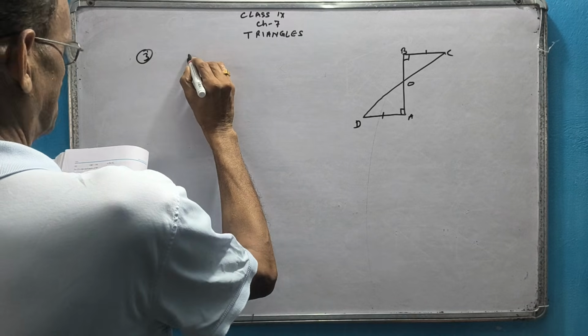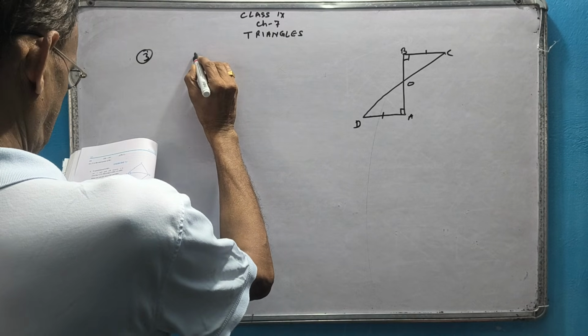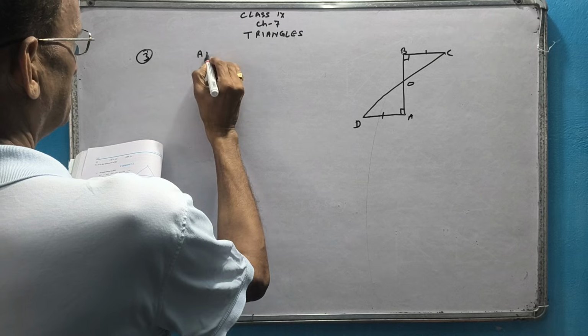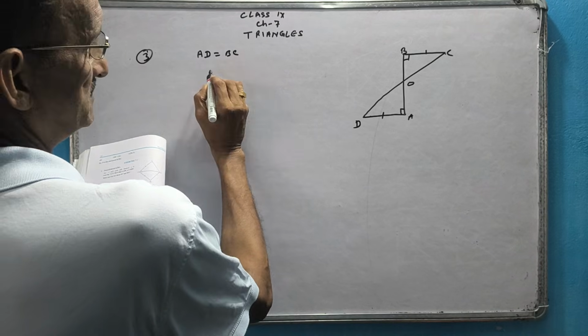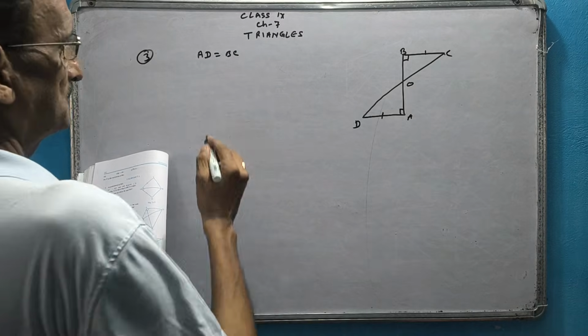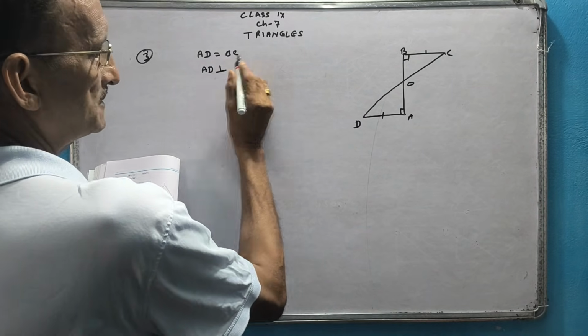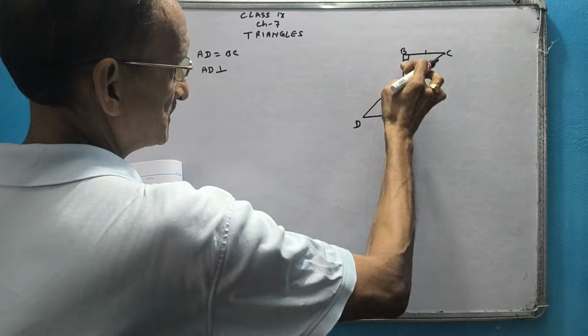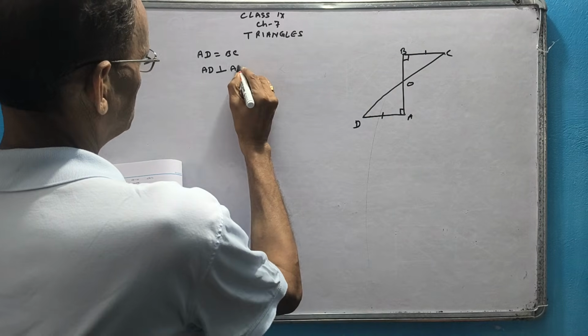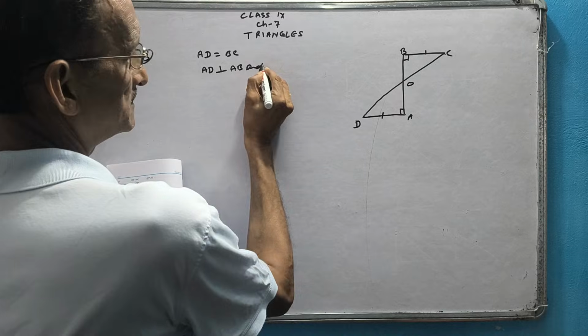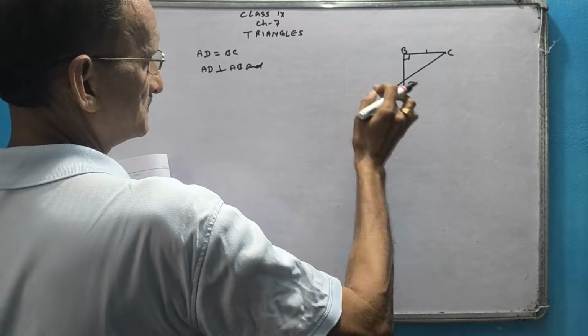Now see here, given: AD equal to BC. Also it is given that AD is perpendicular to AB and BC is perpendicular to AB.